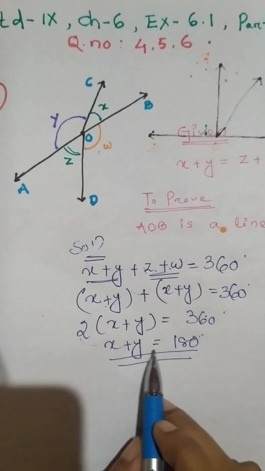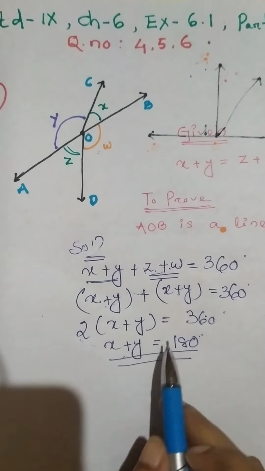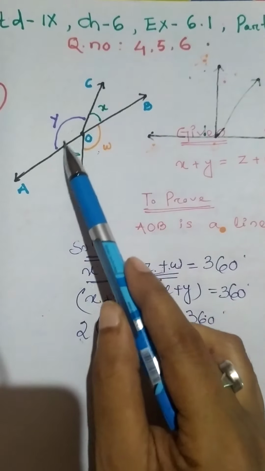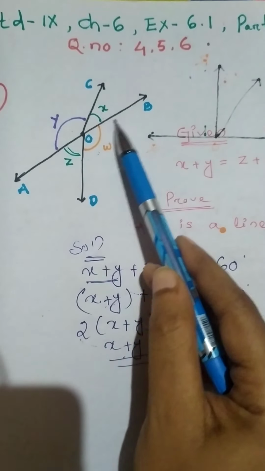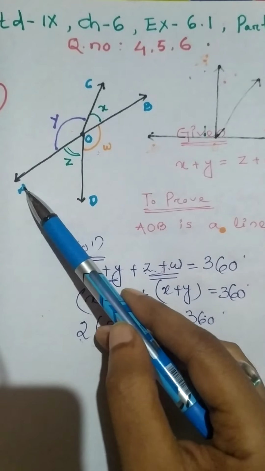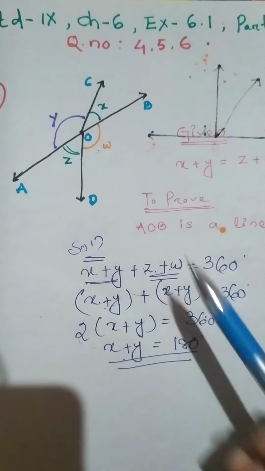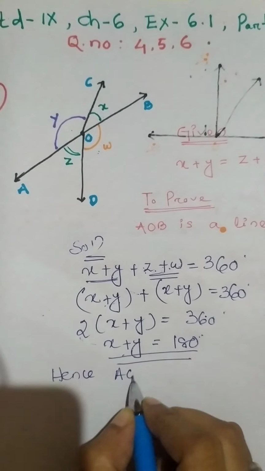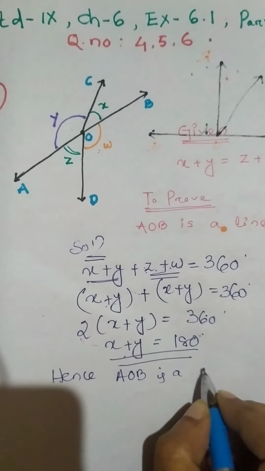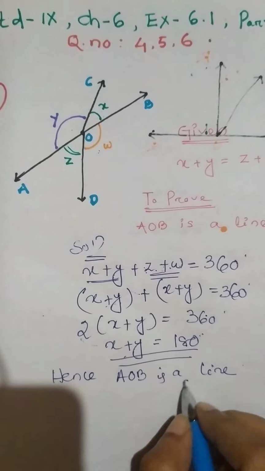What does it mean? It means it is a straight angle. x plus y. So this is a straight angle. If this is a straight angle, then this must be a line segment, or line AOB is a line. Hence AOB is a line and we proved it.